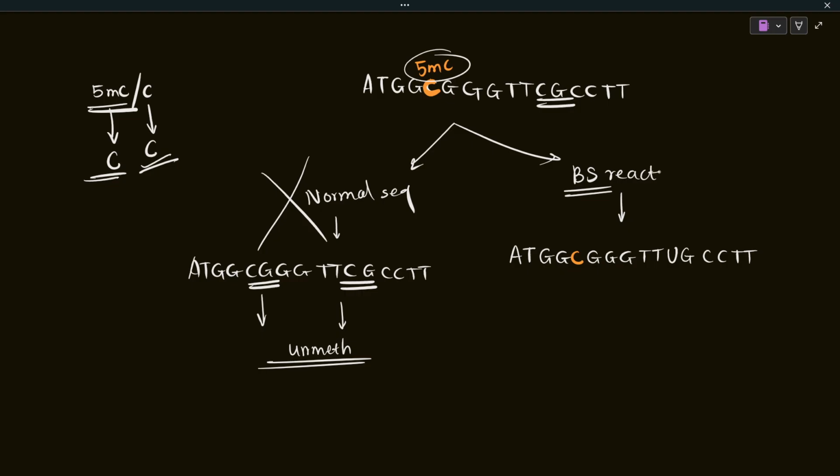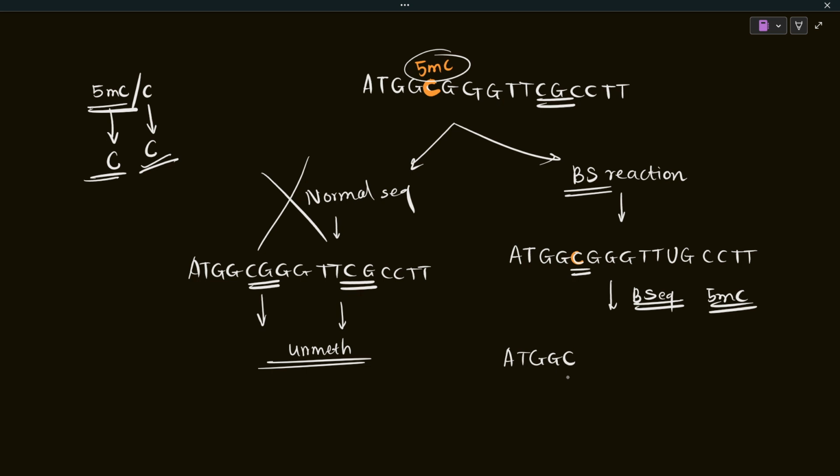You do the bisulfite reaction, and then you are doing bisulfite sequencing. You are carrying out the sequencing procedure. During the sequencing procedure, you get A, T, G, G, and now this cytosine is 5-methyl cytosine, but it will be read as cytosine.